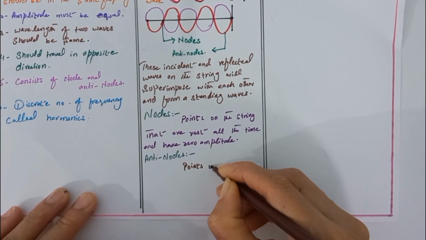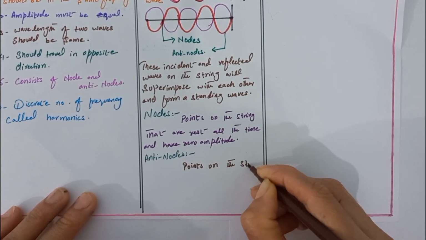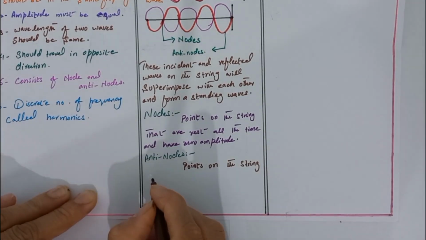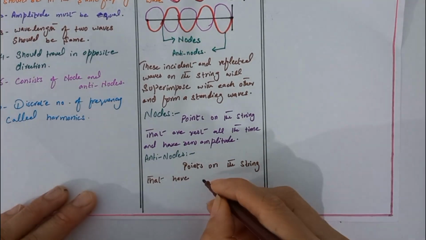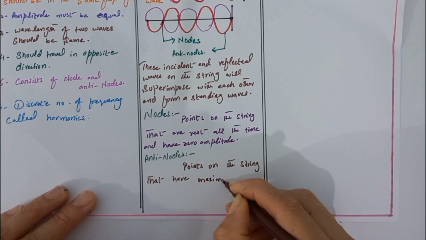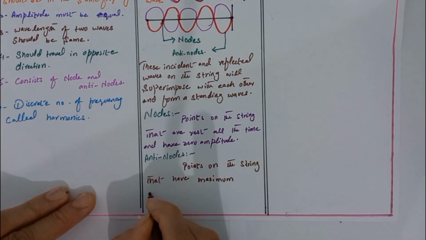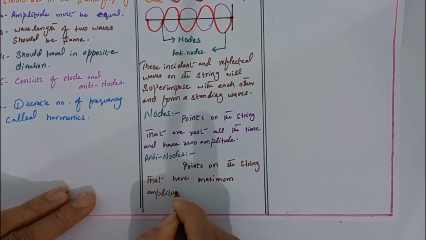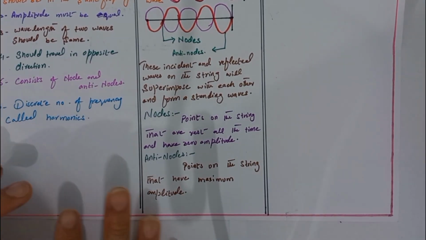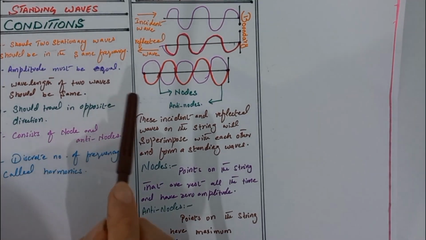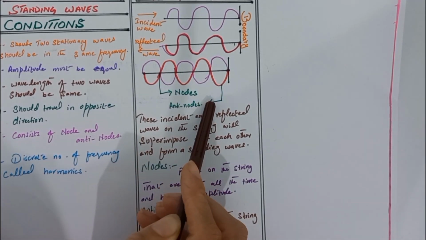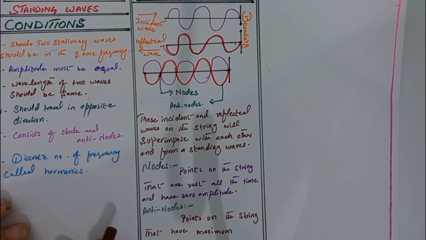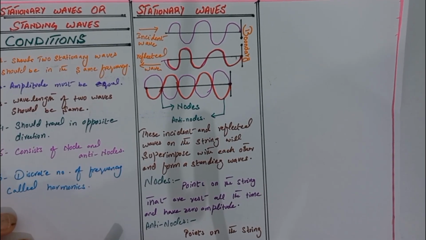Points on the string that have maximum amplitude are called antinodes. In the wave, the nodes are where the displacement is zero, and the antinodes are where the wave displacement is maximum. That is all about the stationary waves.